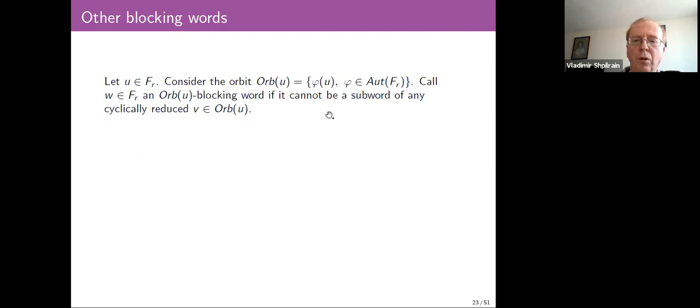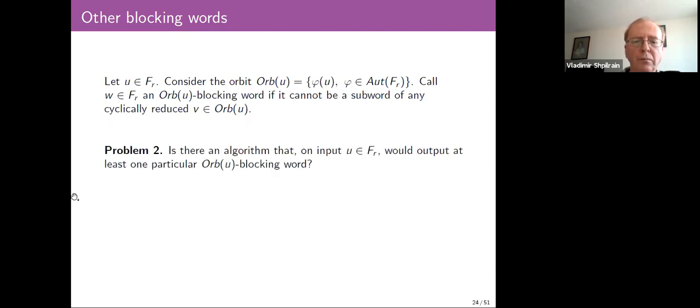Okay, so in particular, is there an algorithm that on an input U from a free group would output at least one particular orbit U blocking word?